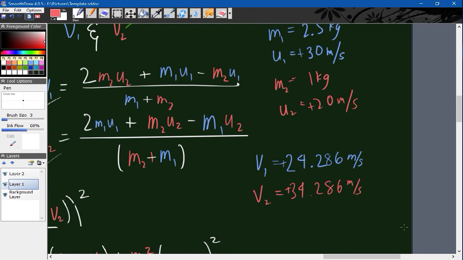Wait, let me use my phone's calculator then, since I don't trust myself enough to put the numbers in correctly. Let's do it again. 2.2 times 1 times 20 plus 2.5 times 3 minus.